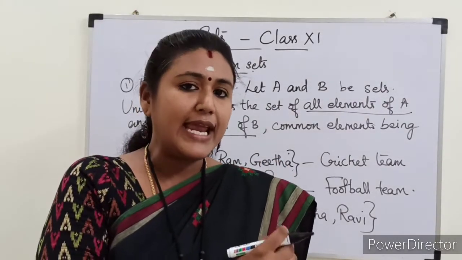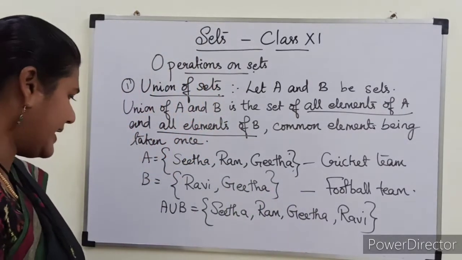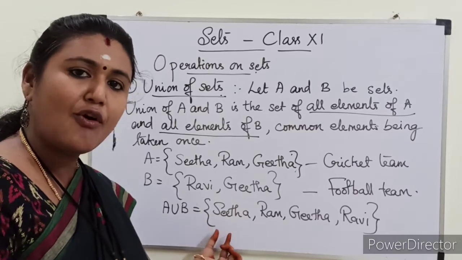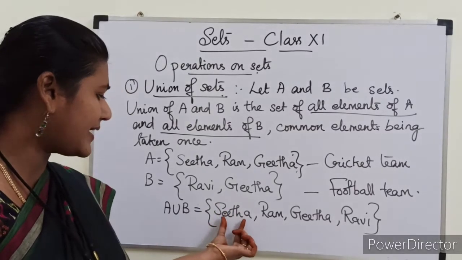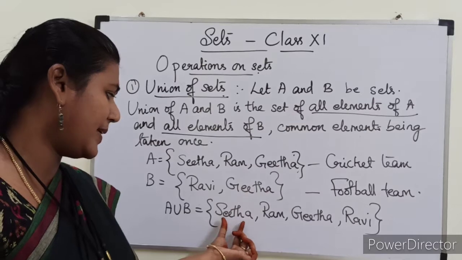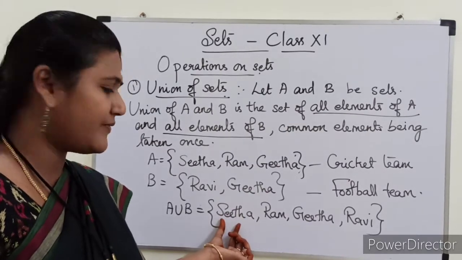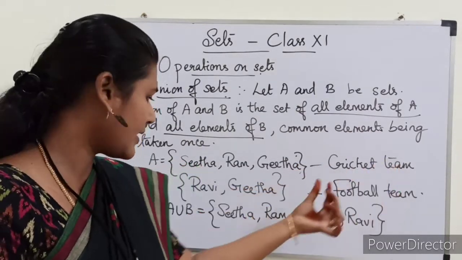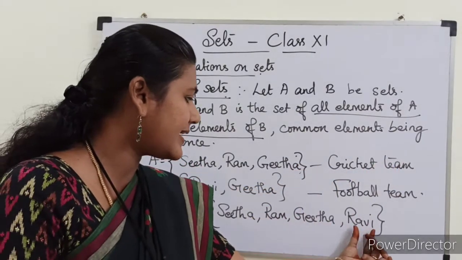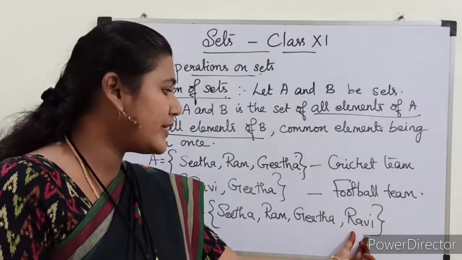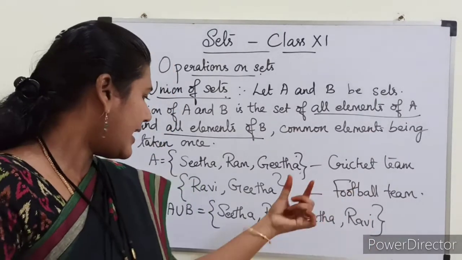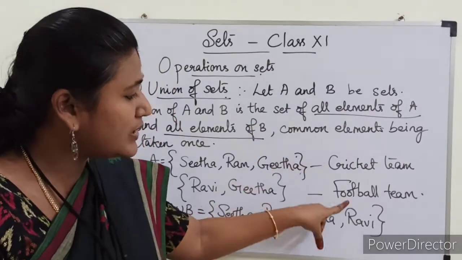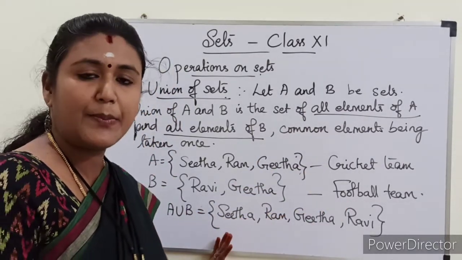Now we are going to interpret this set. If I am taking a particular element, that is Sita, this student is in cricketing. Now another element I am taking, that is Ravi. This student is in the football team. And another student, Geeta, if I am taking, she is in both teams. So what is its interpretation?